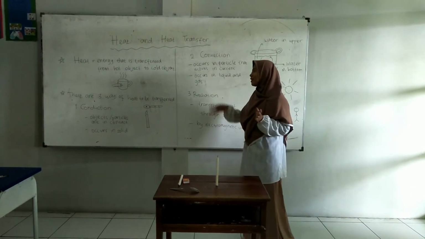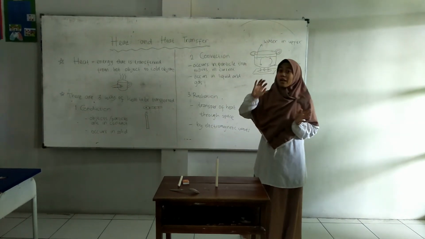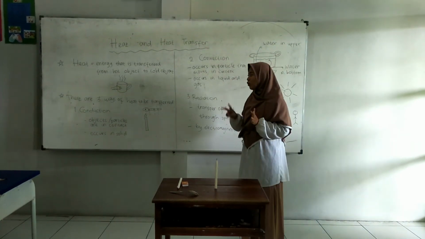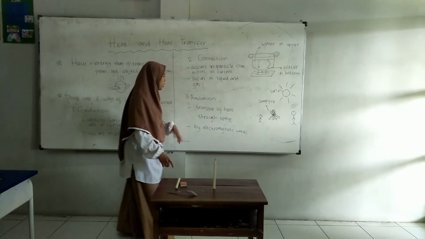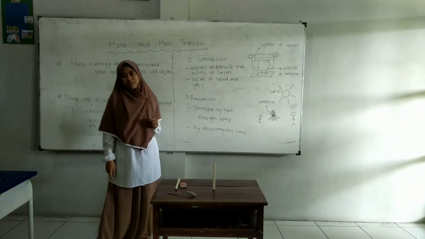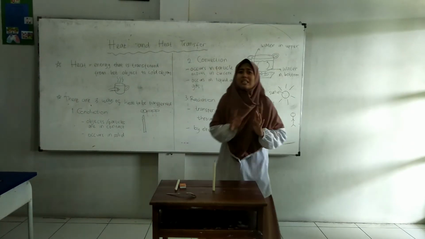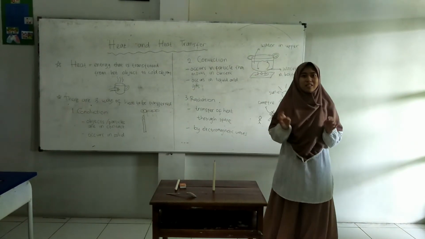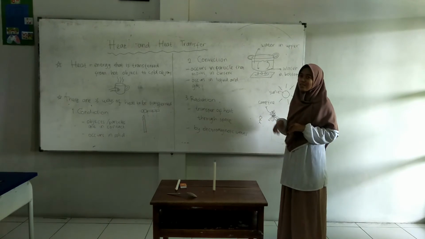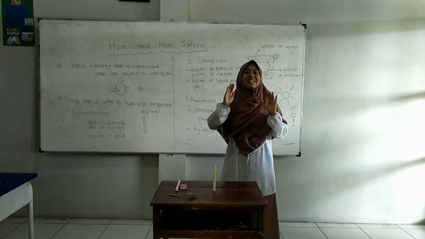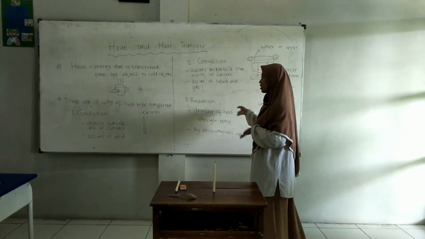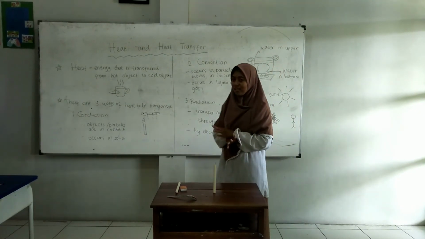Radiation is quite different from the two ways of heat transfer before, because radiation doesn't need any agent to help the heat transfer. So in conduction and convection, it needs an agent, but in radiation it doesn't need any agent.